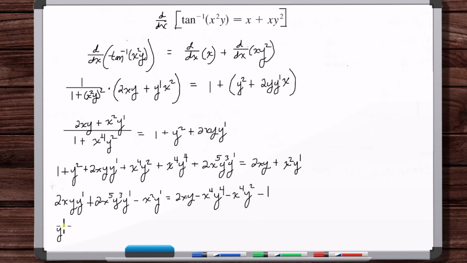Okay, so factor out a y prime here. We got 2xy plus 2x to the fifth y cubed minus x squared. Okay.